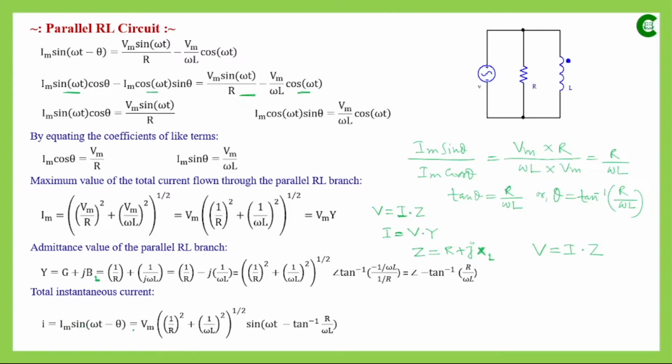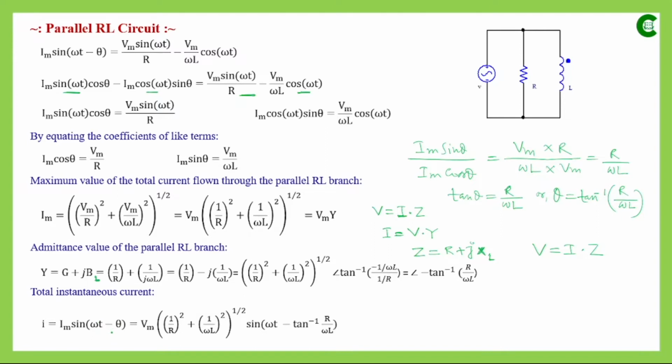Now the Im value we have already obtained here. So this value has been written here, meaning Im has been replaced by the value that we have obtained here. And then definitely it has a phase angle, and that phase angle will be incorporated within this sinusoidal term.